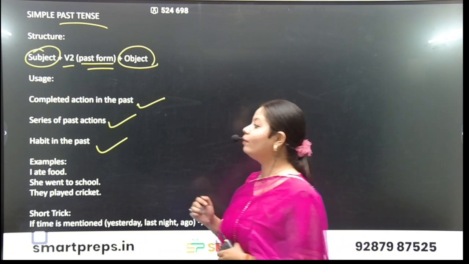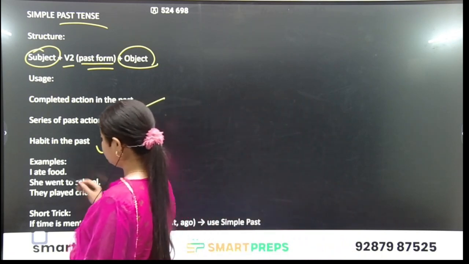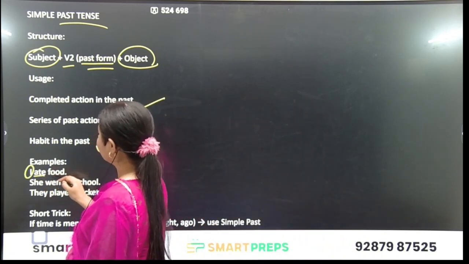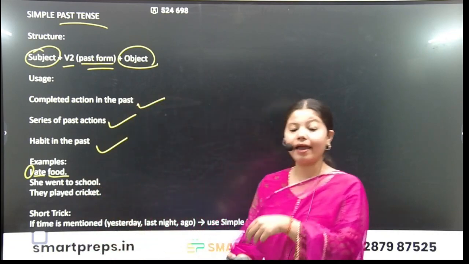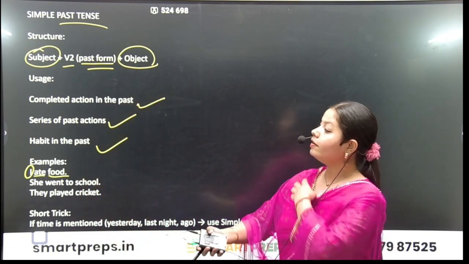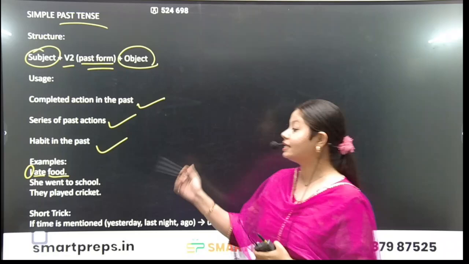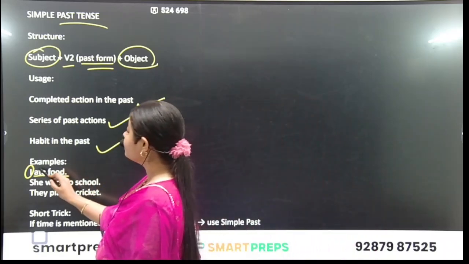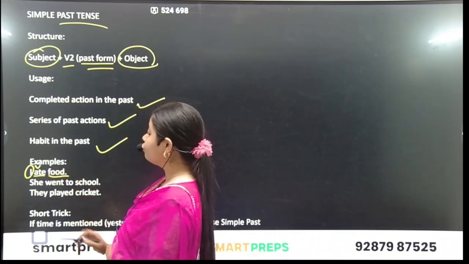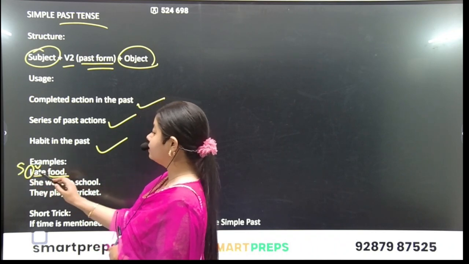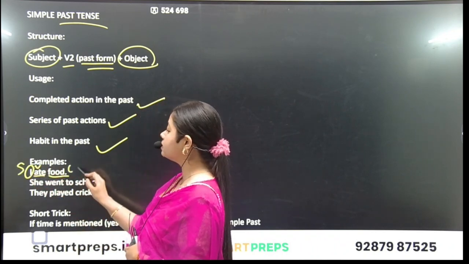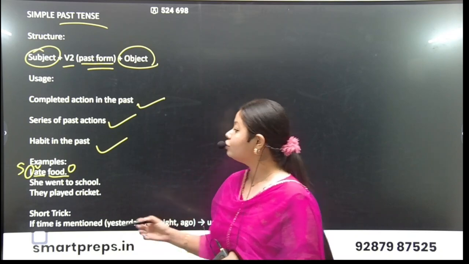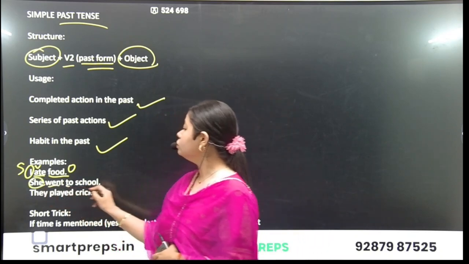Now let's understand with some examples. I ate food. So here I is what? I is the subject. Ate is what? Ate is the verb in the past form. I is the subject, ate is the verb in the past form, and food is the object. She went to school.